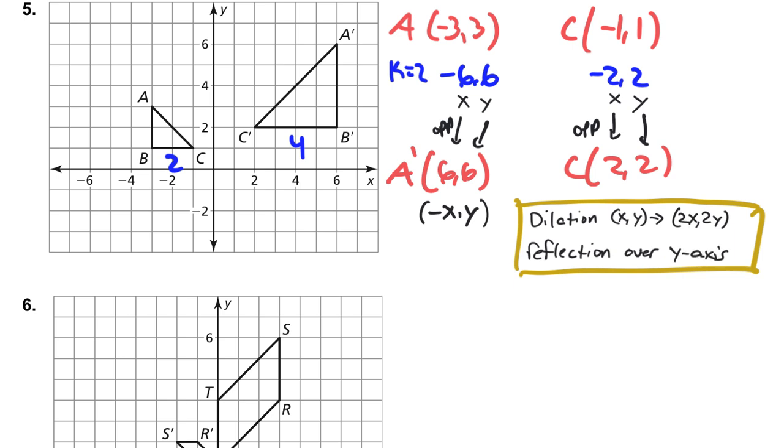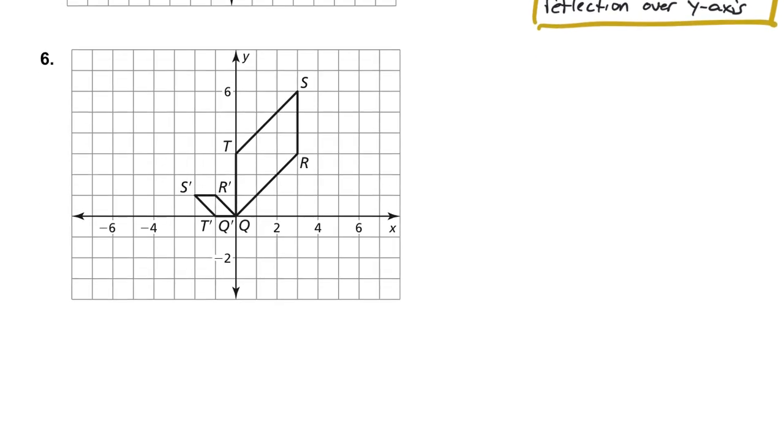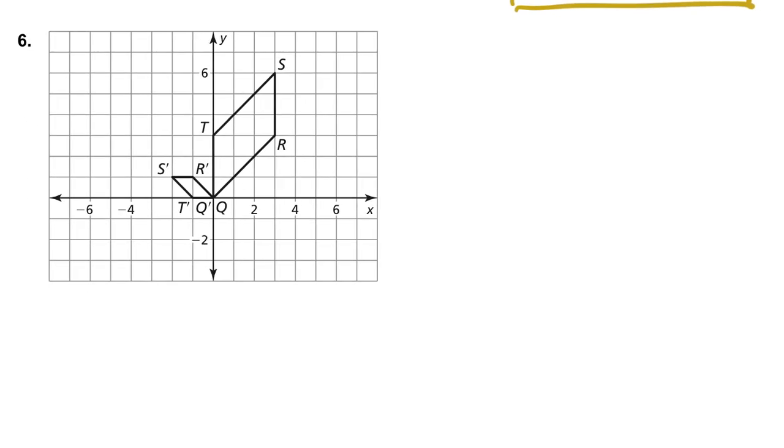You don't actually have to write the rule that says -x comma y. You can just write reflection over the y-axis. You could write the rule to say reflection x comma y turns into -x comma y. That's up to you.